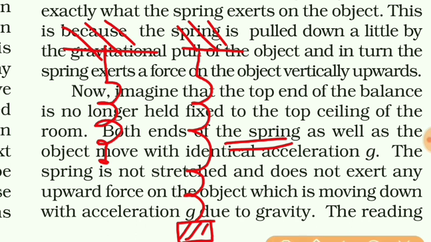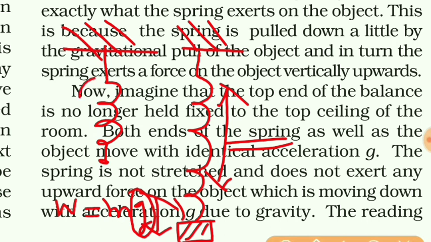It gets stretched due to weight of this object W, and weight is nothing but mg. So g is acting on this object, and that's why this spring is stretched. You can see the initial condition, normal condition of the spring, and after the mass is suspended.